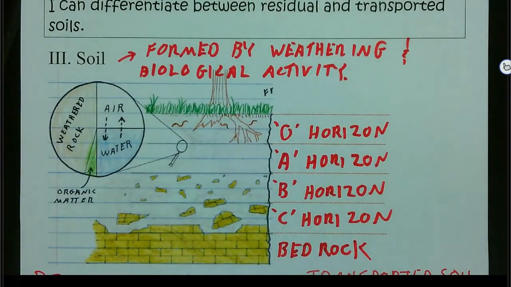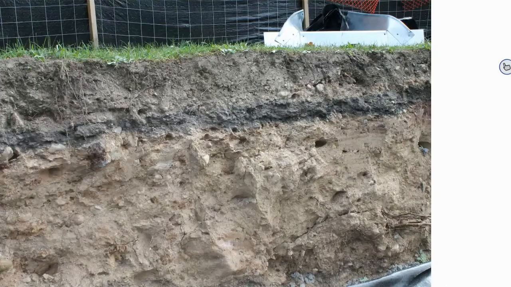Let's take a look at an example. So here we could see where a digger has dug into the ground. This is putting some piping and drainage pipes down at Turning Point Park.